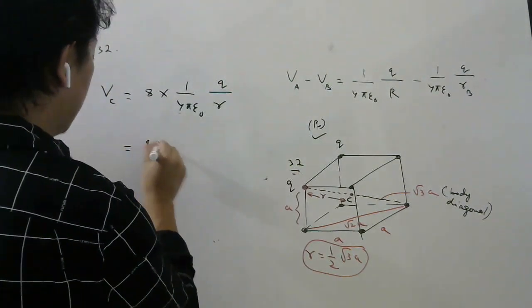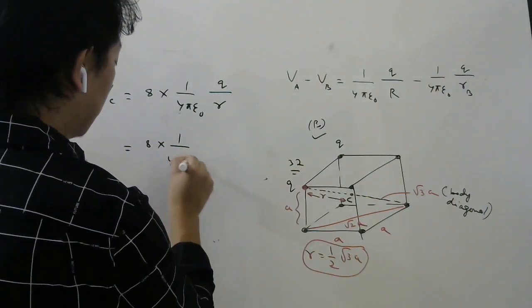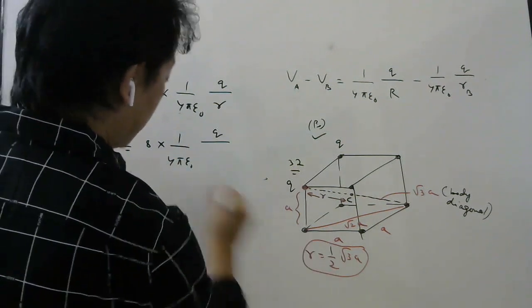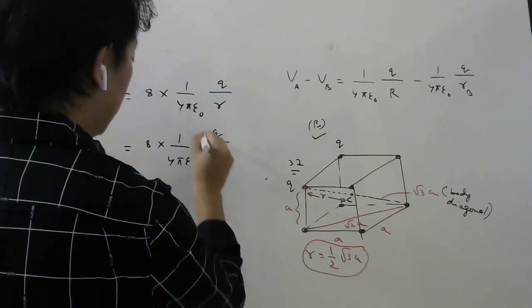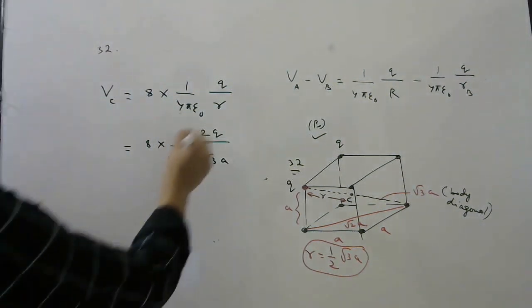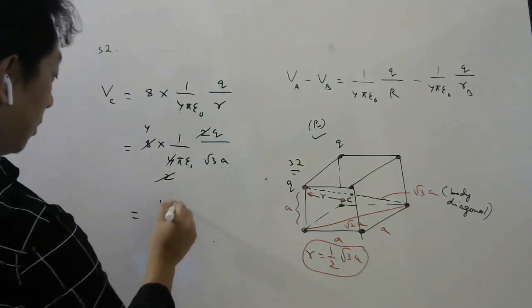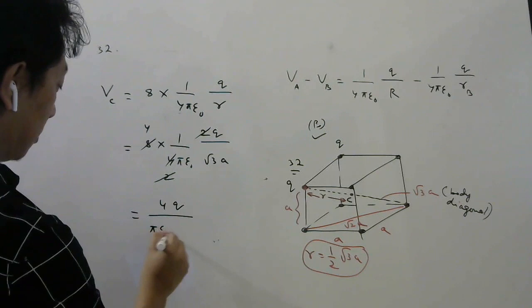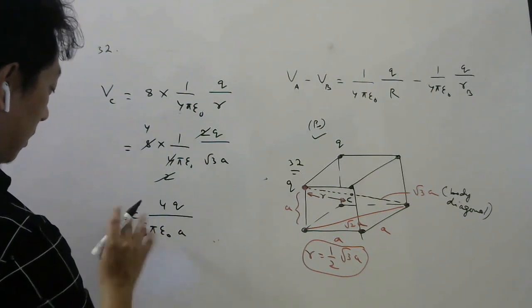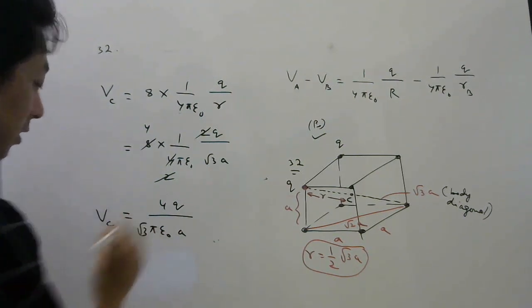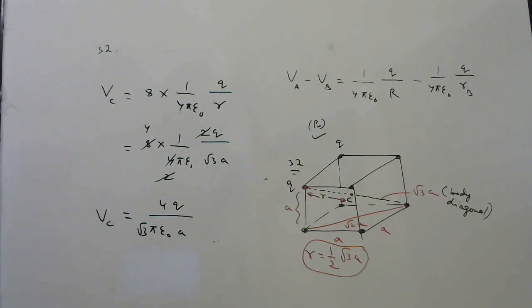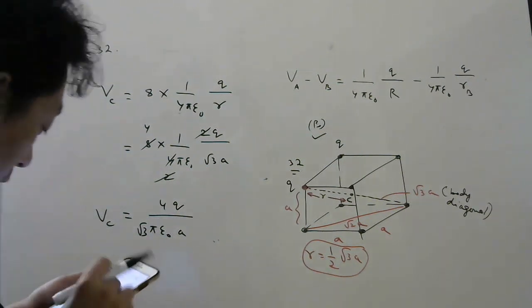It will be 8 into 1 by 4 pi epsilon naught, q by r. What is r? Root 3 a by 2. The 2 will go up, so if you cancel, 2 fours are 8, so it will be 4q by pi epsilon naught a root 3. That will be the total potential at the center produced by the 8 charges. So with which option does it match?